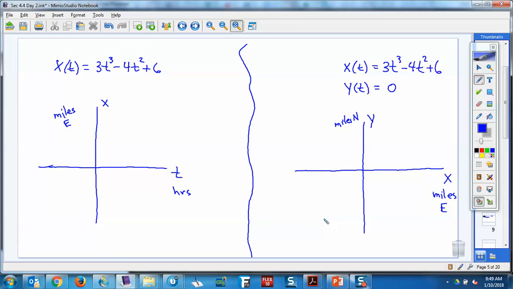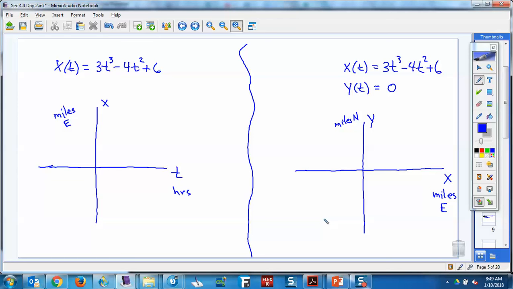Okay, so now what I want to do is compare this back to what we had been doing before Christmas. We were talking about a particle moving on the x-axis. So this would have been a type of equation we would have seen for a particle moving on the x-axis. Okay, so go back to function mode, type in this.